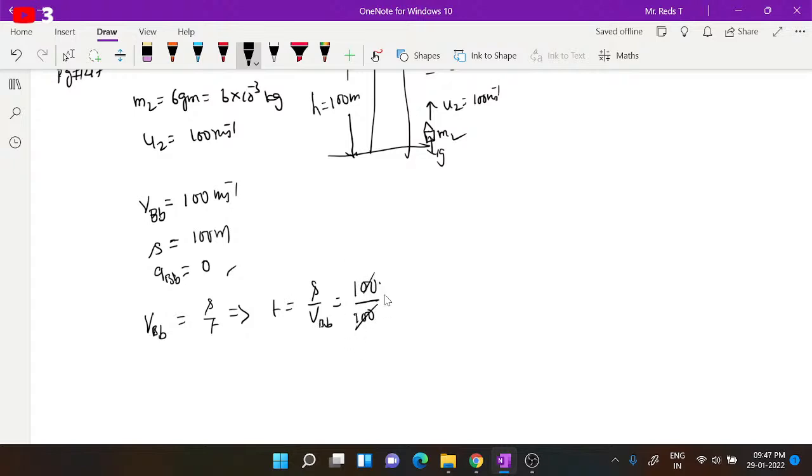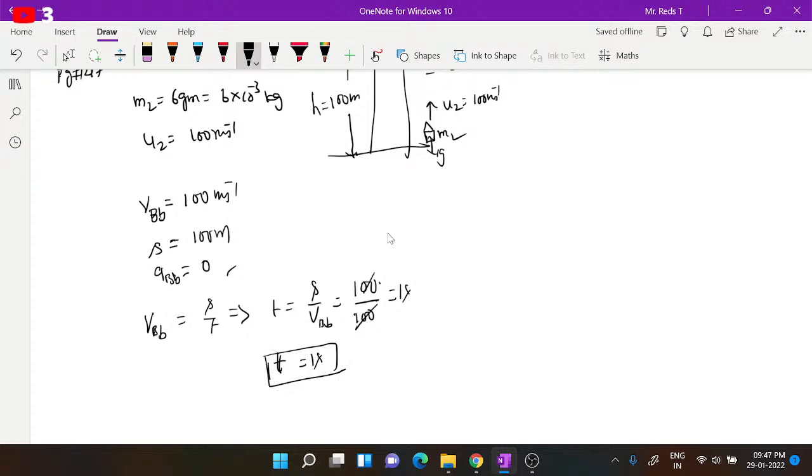So you get 1. That means to travel this much relative distance takes 1 second, and after this time they will collide with each other. That is the meaning of it. So t is equal to 1 second. After this they will meet, that means they will collide at that moment.